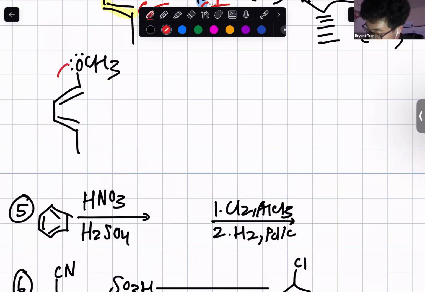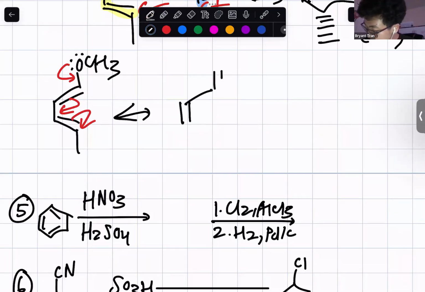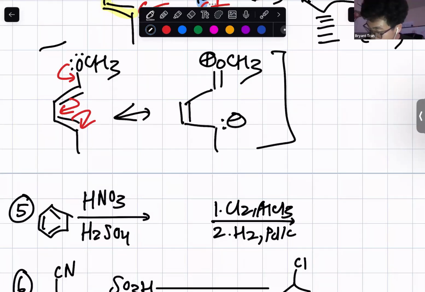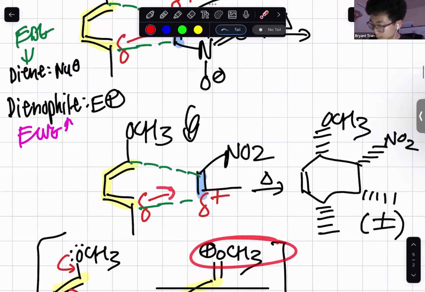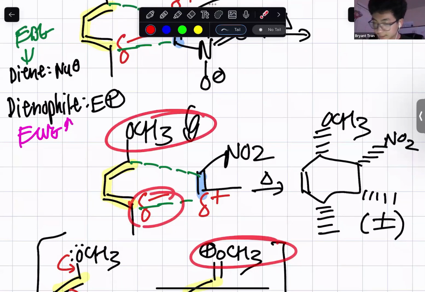This pair of electrons is going to go down to make a double bond there, shifting this double bond over there, which shifts this double bond to make a pair of electrons on that carbon, giving us this resonance structure here. And if I highlight my diene backbone, which is that right there, I see that there's a full negative charge on this carbon here, coming from this EDG. So that's why there's a negative charge on this carbon, which came from that EDG right there.